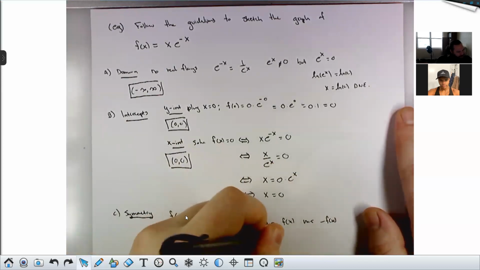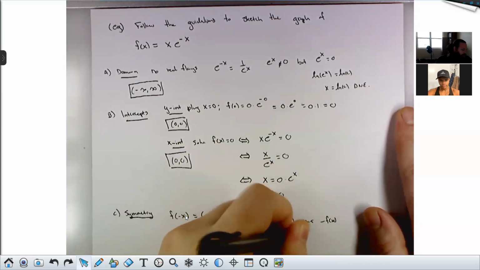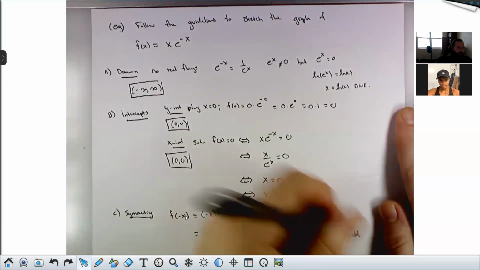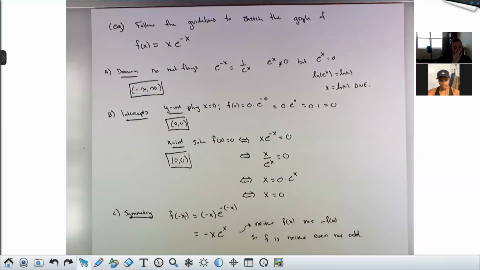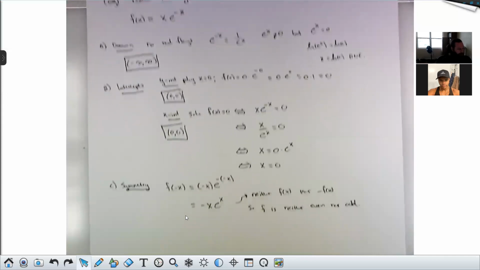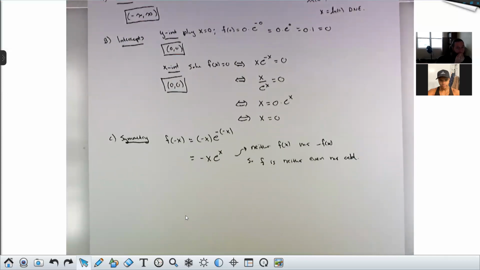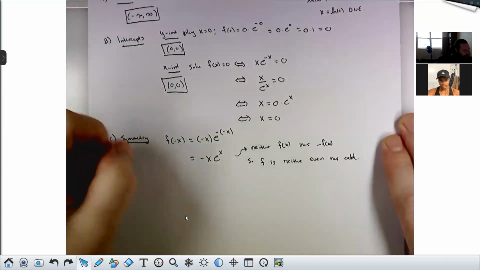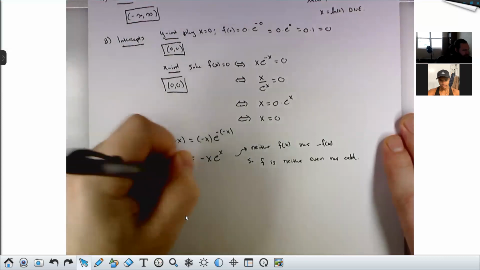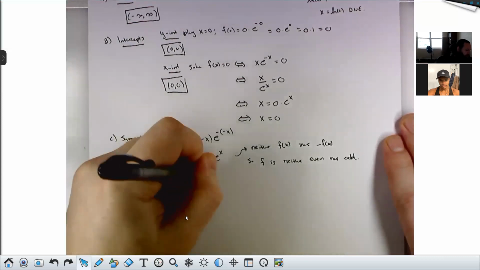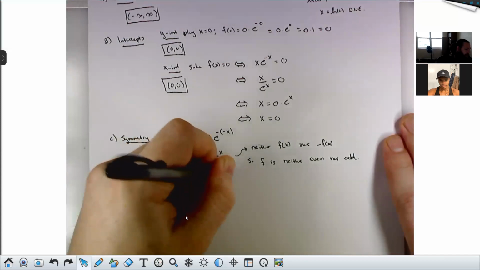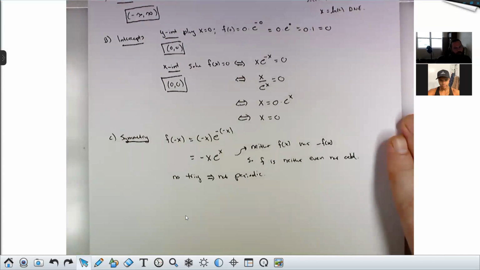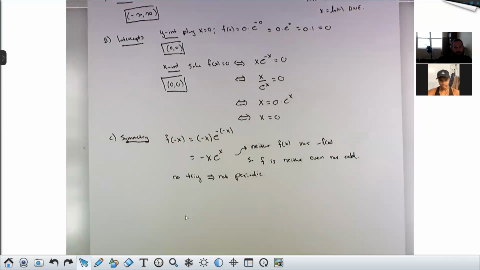So f is neither even nor odd. And of course, this is not periodic. No trig stuff. So there isn't, unfortunately, any symmetry here that's going to help me out, but that's okay.